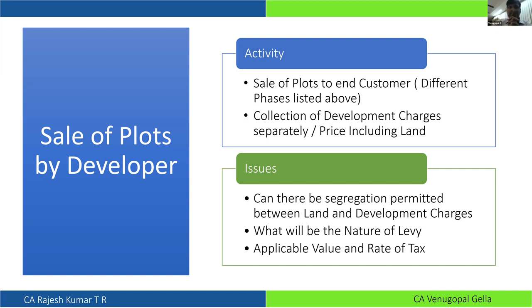The earlier leg was the development which the developer has done for the landowner, during the course of the development. Now we are talking about when the developer did not get the money from the landowner, he got the money from the customers, and whether tax is applicable when that money from the customers has come.